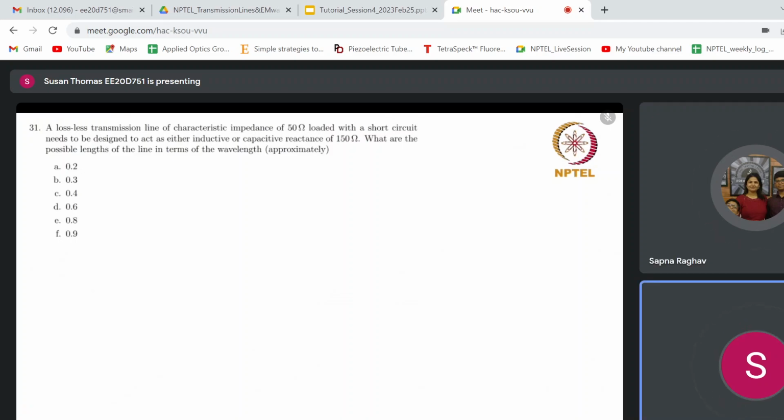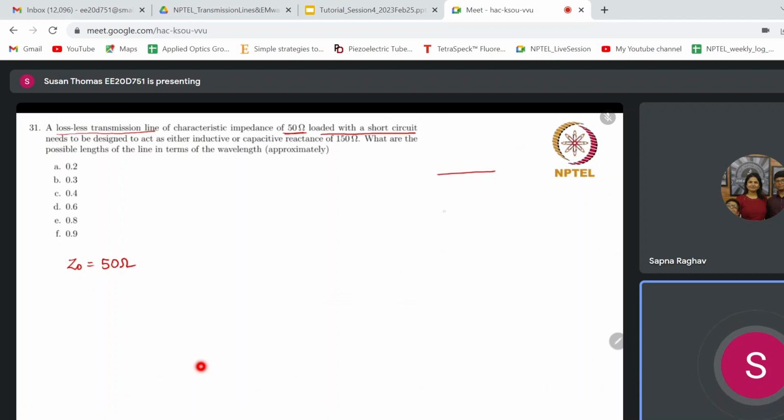Now, moving on to another question. Maybe this question is something related. A lossless transmission line of characteristic impedance 50 ohm. So Z0 is 50. Loaded with a short circuit.